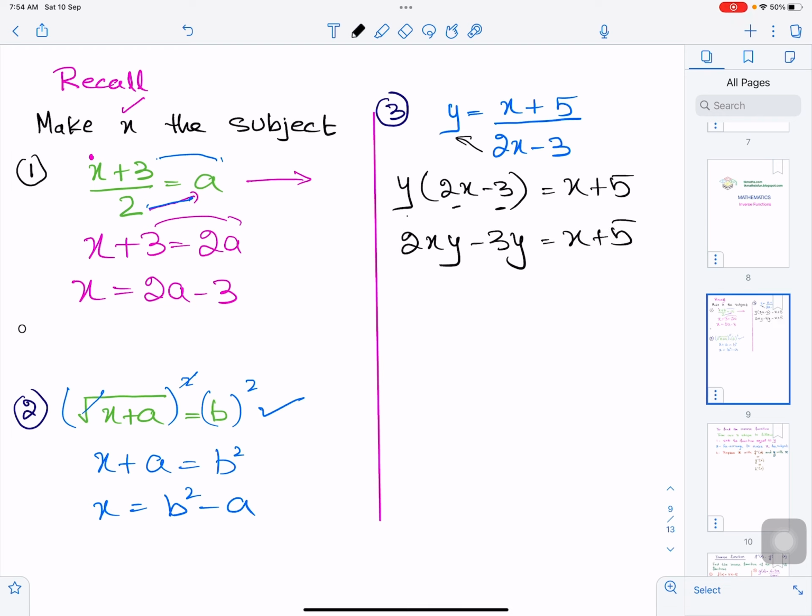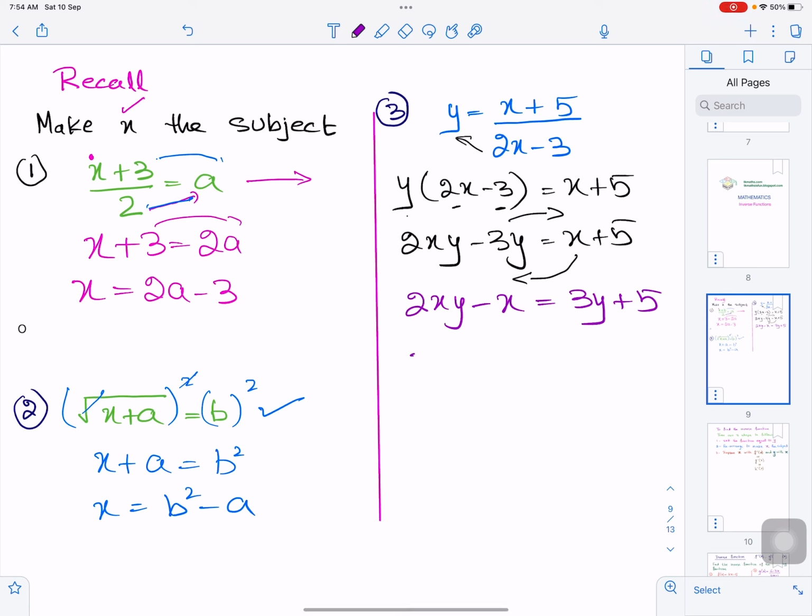Because we have to make x the subject and it is present in two terms, I will bring them together. So let me bring this x here and take this 3y to the other side. I just changed color so that it becomes obvious, there is no other reason. Now, when you make a variable the subject, it should be single, not present in two places.